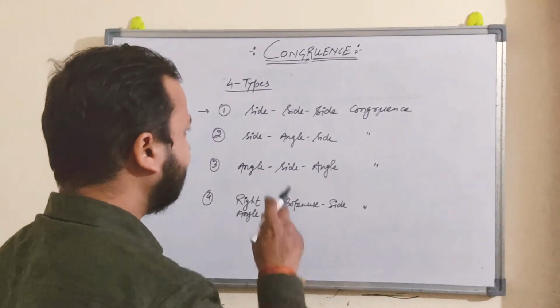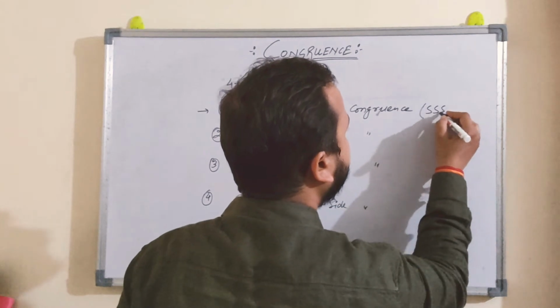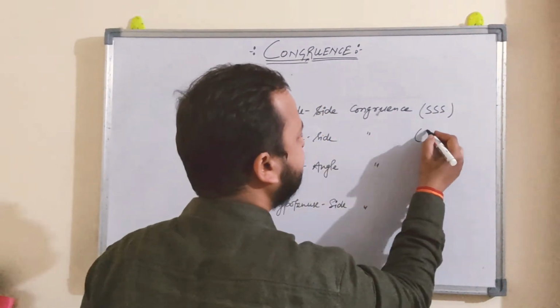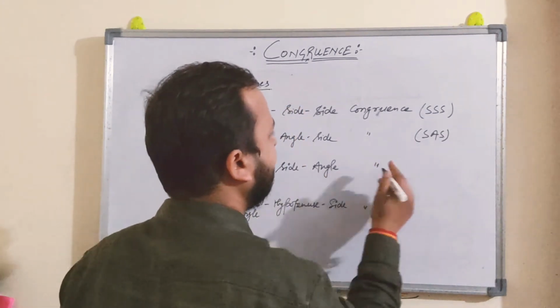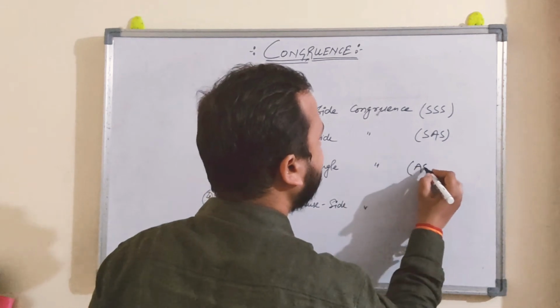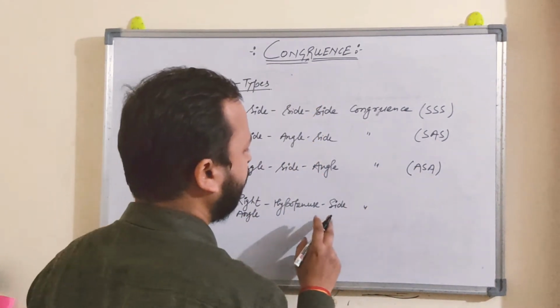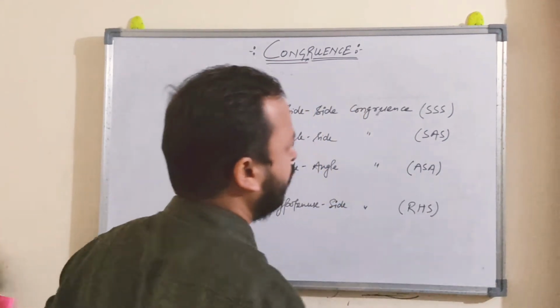right? So you can say this is SSS congruency. Side angle side is known as SAS congruency. Angle side angle is known as ASA congruency, and right angle hypotenuse and side is known as RHS congruency.